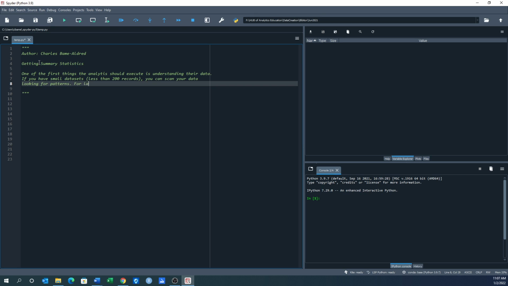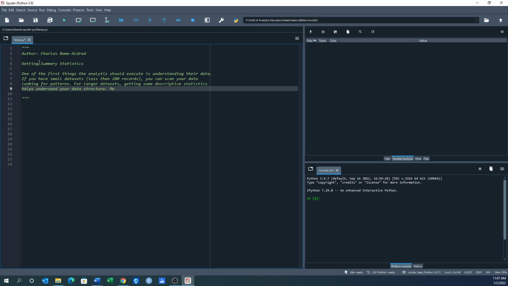For larger data sets, getting some descriptive statistics helps understand your data structure.